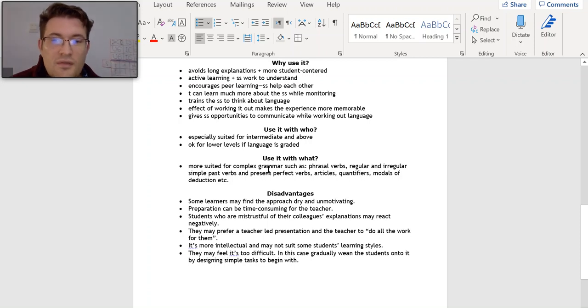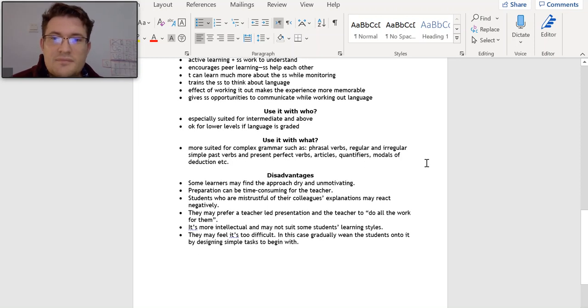Use it with tricky grammar, not really straightforward grammar. Otherwise, why focus on it? It is a bit intellectual, and students should write preferences here.